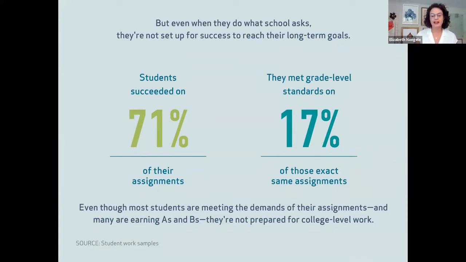However, when we went back and asked, did students demonstrate mastery of the standard on the assignment, we were only able to say yes 17% of the time. To me, that gap indicates that we just aren't giving kids enough chances to work on tasks that meet the full demand of the standards.